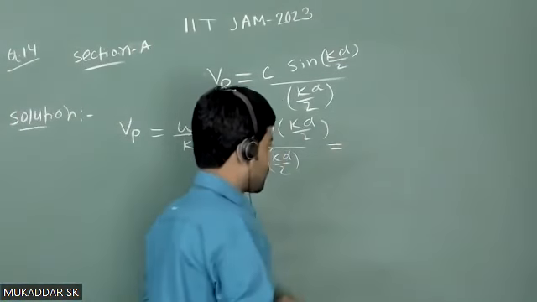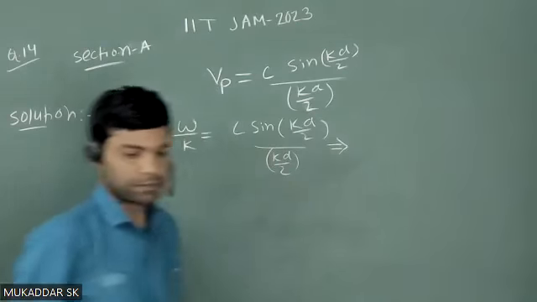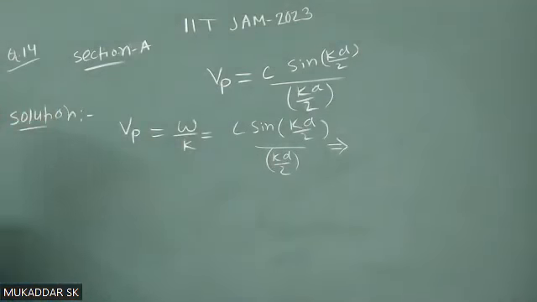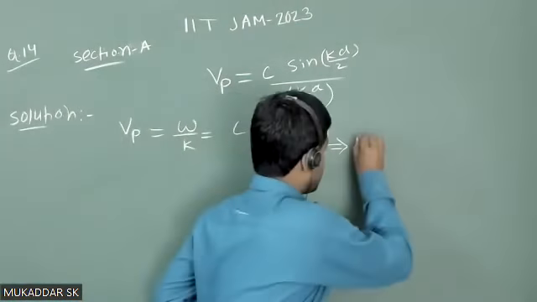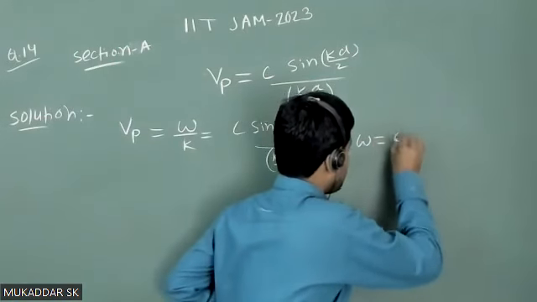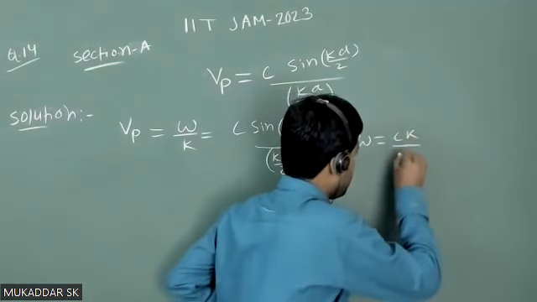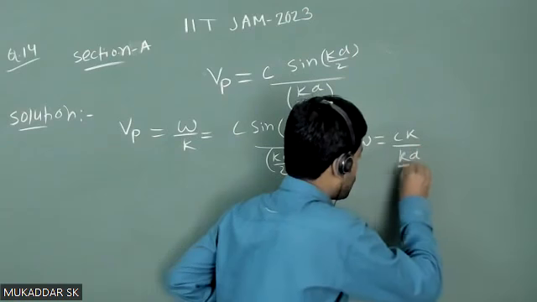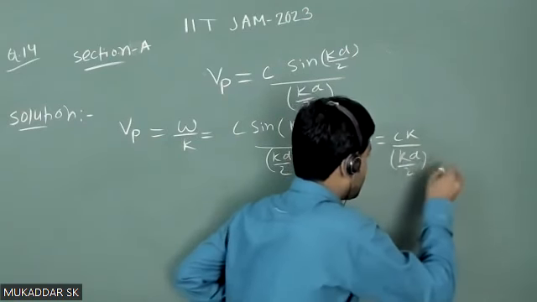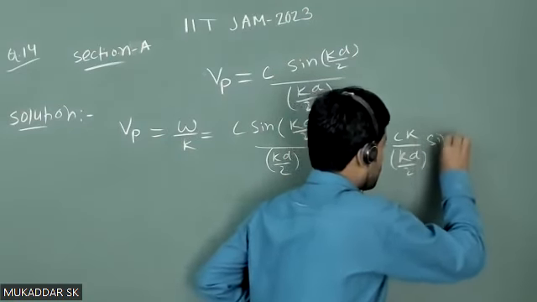Which implies that omega will be simply c times k divided by kd by 2, and then sine of kd by 2.